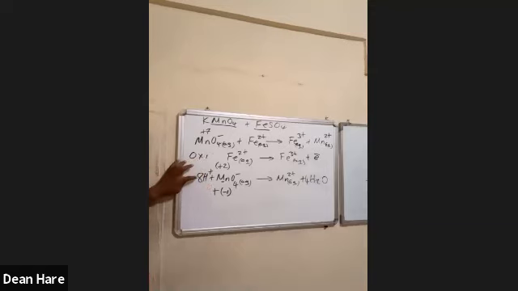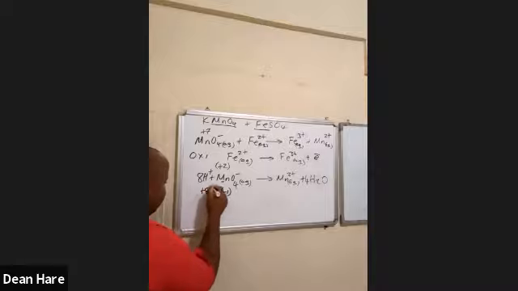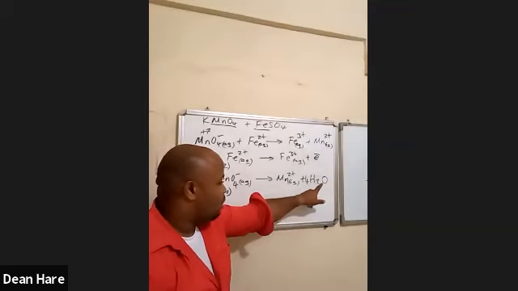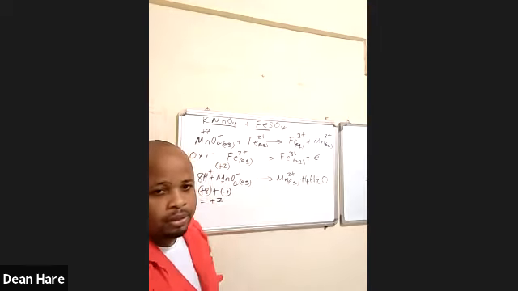But we have 8 of it, so it is +8. So the overall charge is what? +7. What is the charge on water? 0. Neutral.